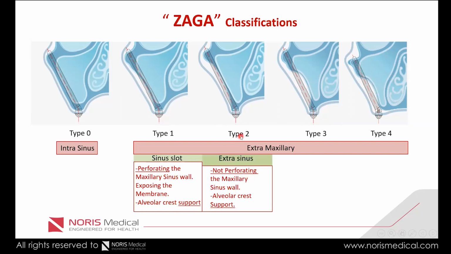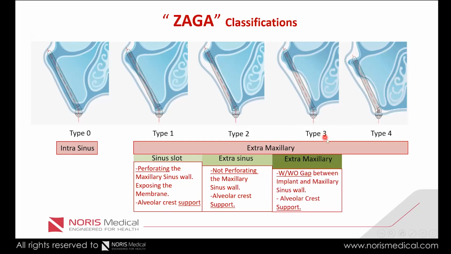Type 2, we have the implant further out, where the implant is not perforating the maxillary sinus wall, is leaning on the ridge, and anchored in the zygomatic bone. We have type 3, where the implant is completely away from the maxillary sinus wall, leaning only on the crest and in the zygomatic bone.